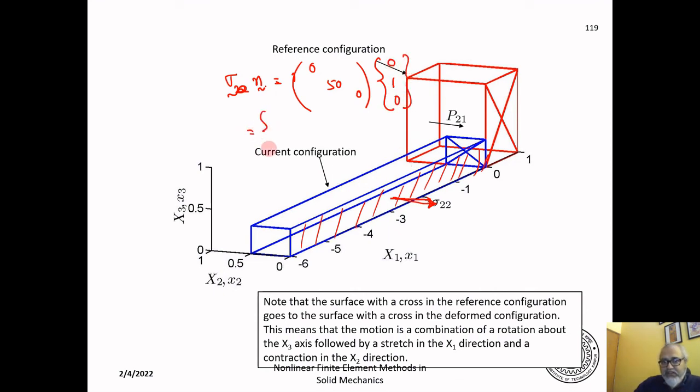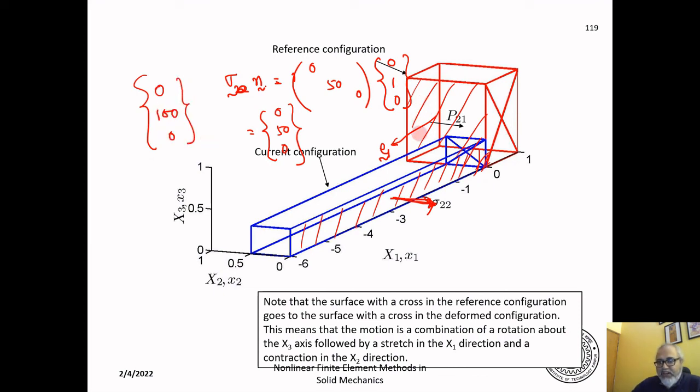So the traction is 0, 50, 0. And since the force transmitted through this surface will have to be the same as the force transmitted through this surface, and we know a surface that has a current normal in the E2 direction came from a surface which had its normal in the E1 direction, the traction on this surface has to be 0, 100, 0, because the area of this surface was half of the area that it currently has.